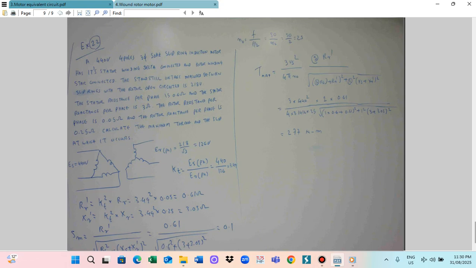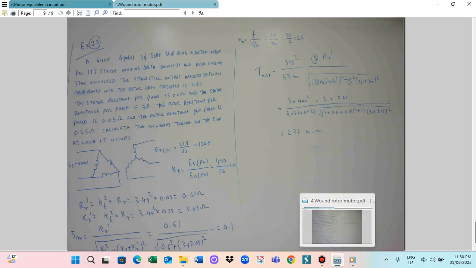R dash is 0.61. And RS is 0.6 plus R dash, so R dash is 0.61, and S square is 1 square. And Xs, we calculate the Xs, so there will be the 3 plus 3.05 square. So by solving this one, we calculate the maximum torque of 277 Newton meter.